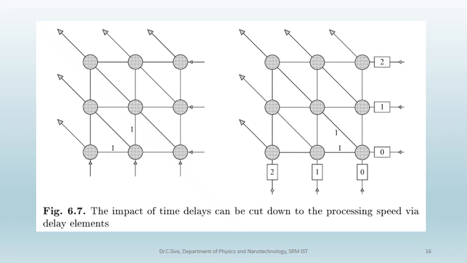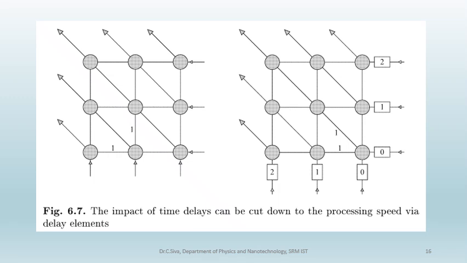This introduces latency and reduces initiation rate. New data can only be injected every 2 cycles unless delay compensation is used. You can see the delay compensation units here on the right side.